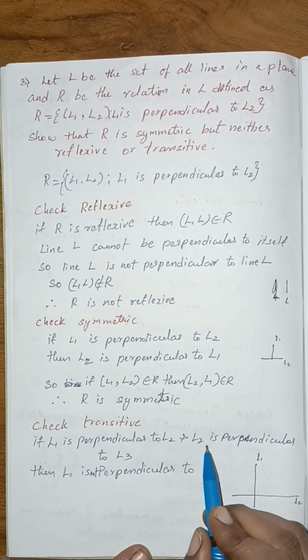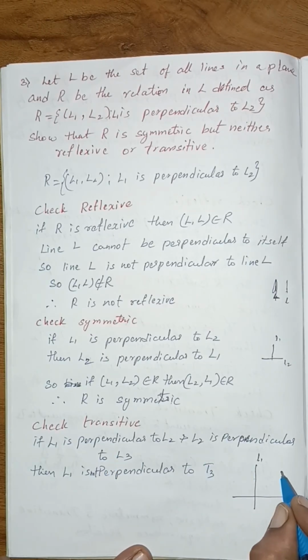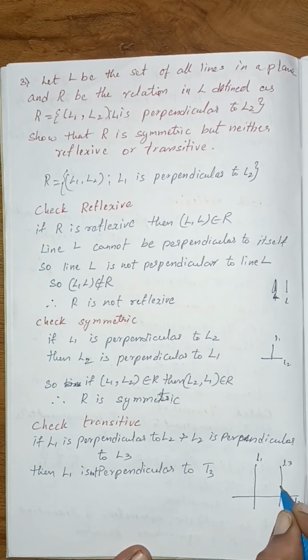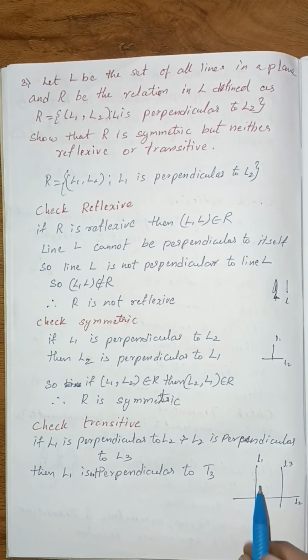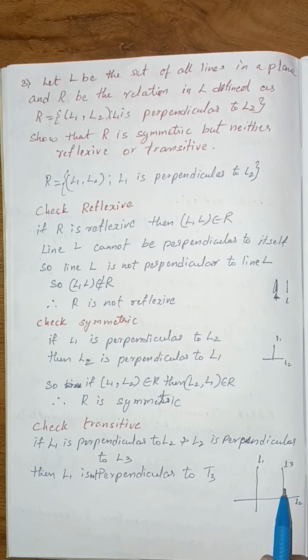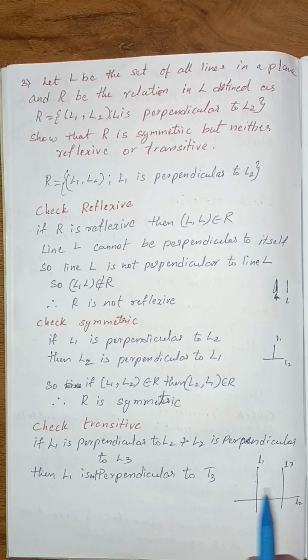Now line 2 is perpendicular to line 3, so I draw one more perpendicular line, line 3. But L1 is not perpendicular to L3 because it is parallel to L3.